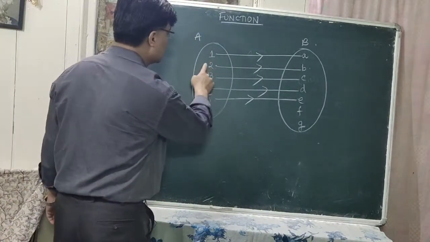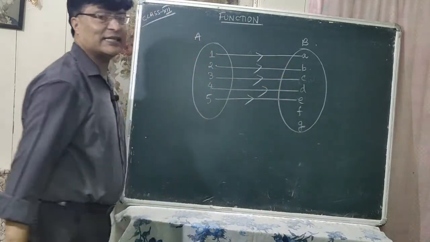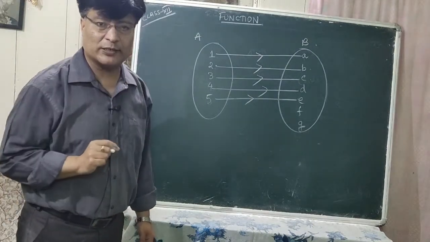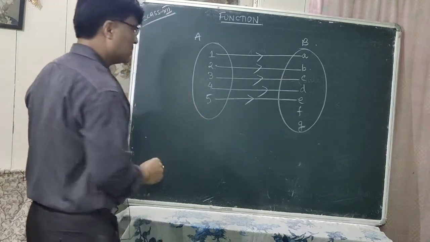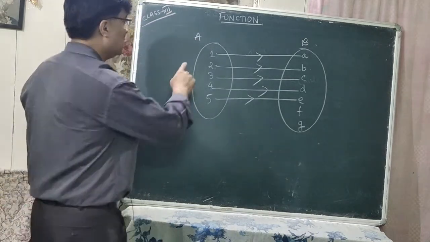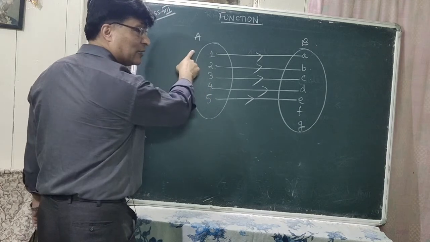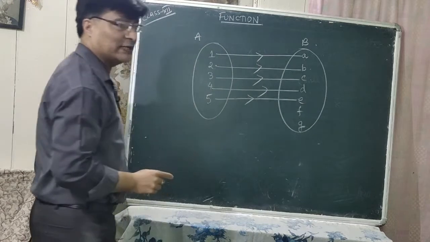All the elements in the set A should have an image in set B. तर त्यो इमेज चाहिँ युनिक हुनु पर्छ. Each element of the set A should have a unique image in set B.